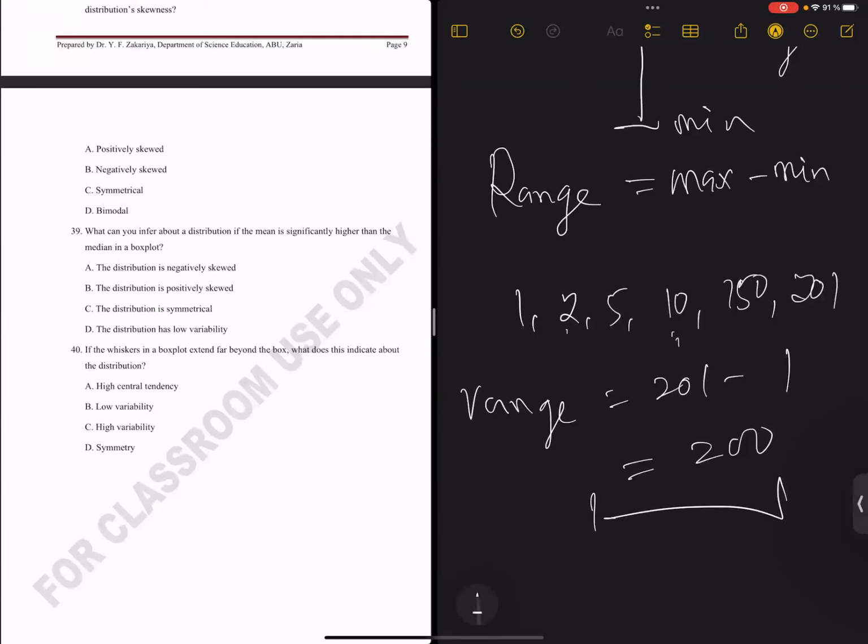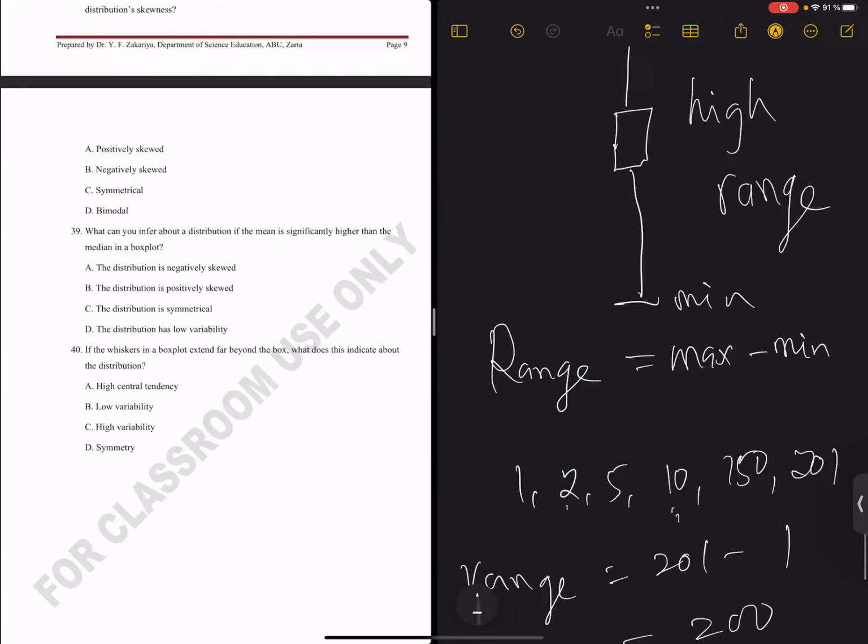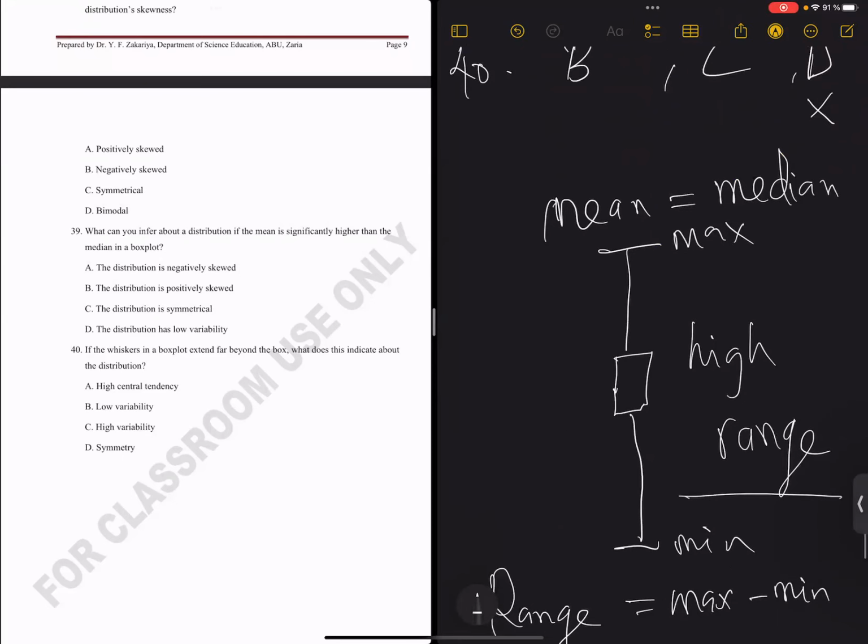You see it now? We started this example in our class with a pre-test and post-test. So take note. When the range is high, it will lead to high variability in your data set.